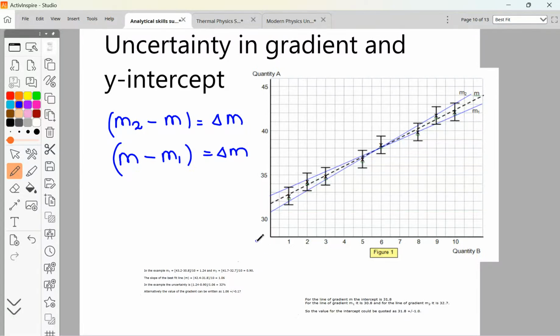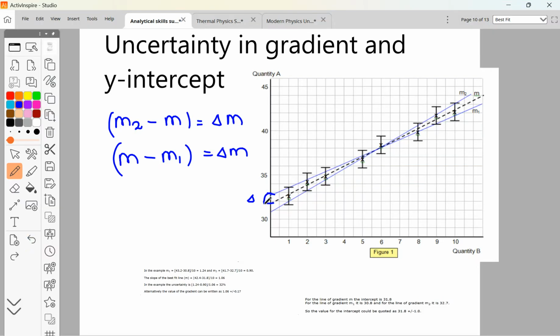The same with the y-intercept. That minus that would give you your uncertainty in your y-intercept, so your uncertainty in your C value. Or you can use the 2.